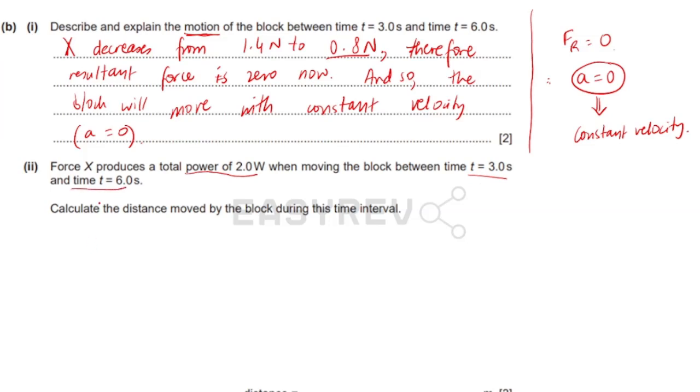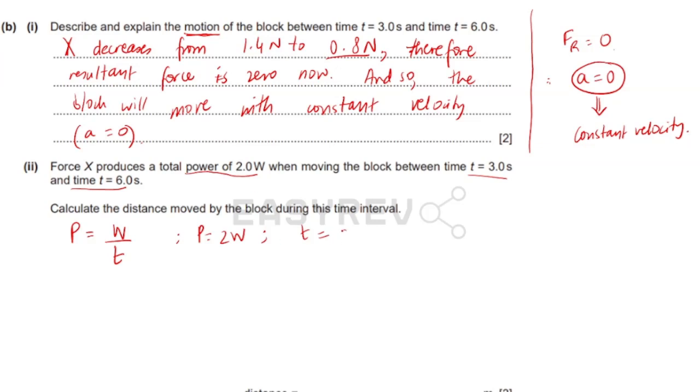Now, let's see. We can relate power with the time duration by actually writing out the formula for power. That is work done per unit time, or work done over whatever time duration that the force X is exerted. We're given the value of power, 2 watts. We're also given the time duration, which is from 3 seconds to 6 seconds.